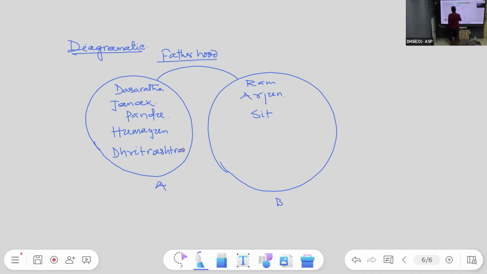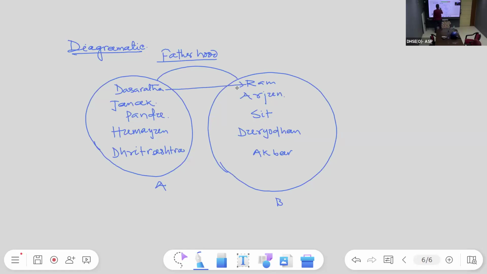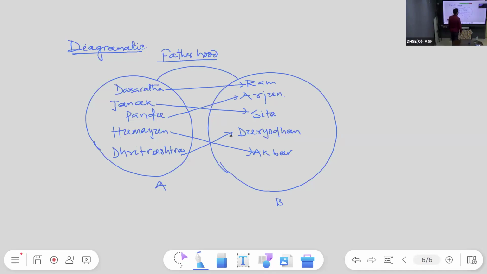Ram, Arjun, Sita, Duryodhana, and Akbar. Okay. Dasharath, Ram; Janak, Sita; Pandu, Arjun; Humayun, Akbar; Dhritarashtra, Duryodhana. This method of representing a relation is known as diagrammatic representation.